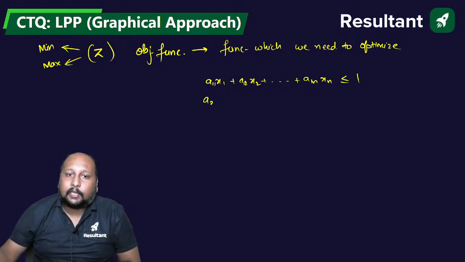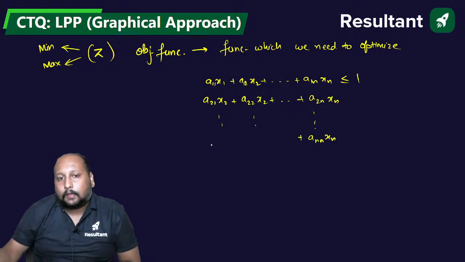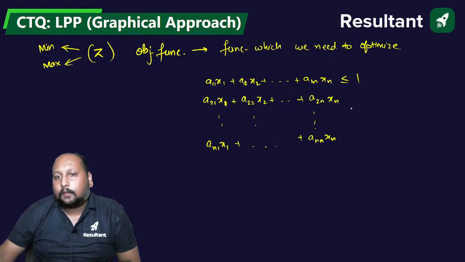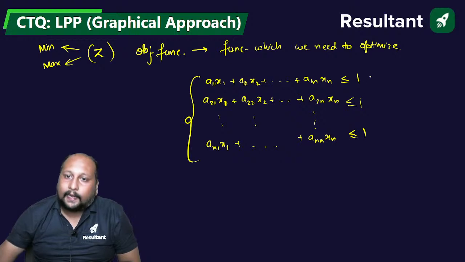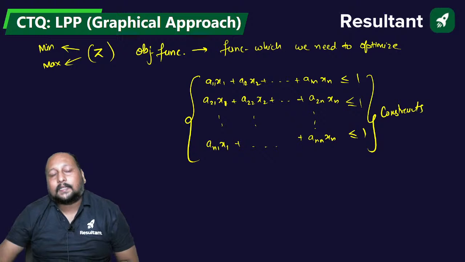Let's say we have A21x1 plus A22x2 till A2n xn, and in this way up to An1x1 and so on, less than or equal to. These are what we call the constraints.